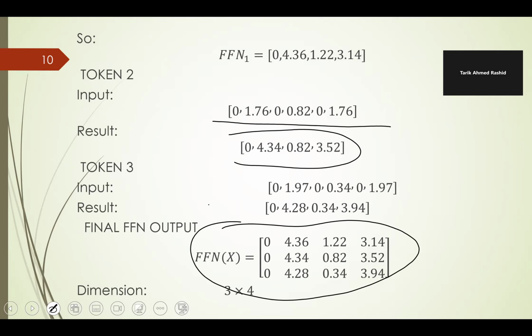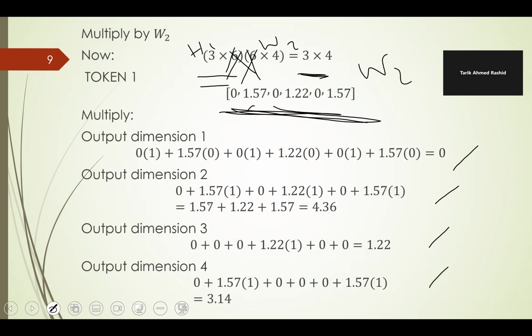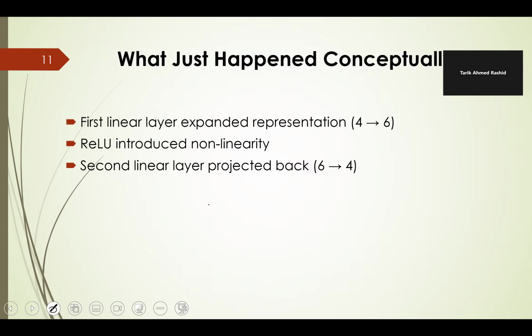Now, just to see whether I missed anything, I think I explained everything in detail. What happened? The first linear layer expanded the representation from 4 features to 6 features, and the ReLU introduced nonlinearity. The second linear layer projected back from 6 features to 4 features.